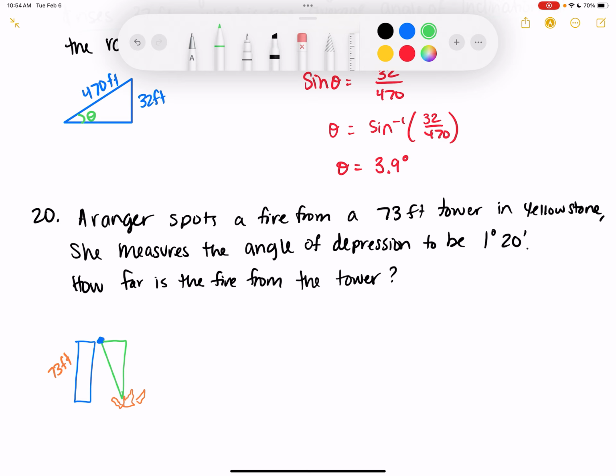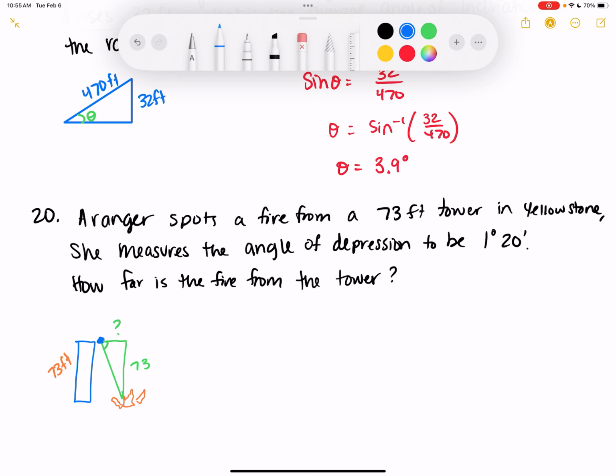So, yeah, that's fine, but this is going to be my angle. So the 73 is actually going to end up over here. But I'm trying to find this length here. How far is it from the tower?